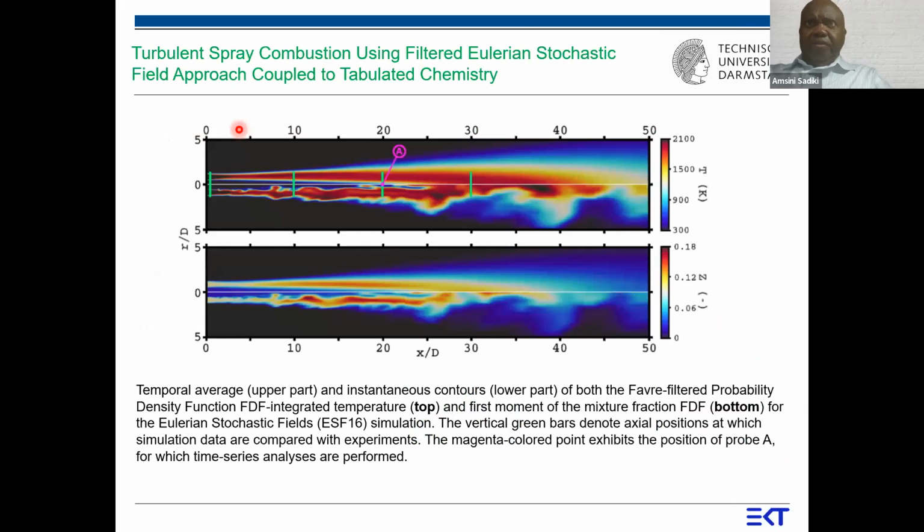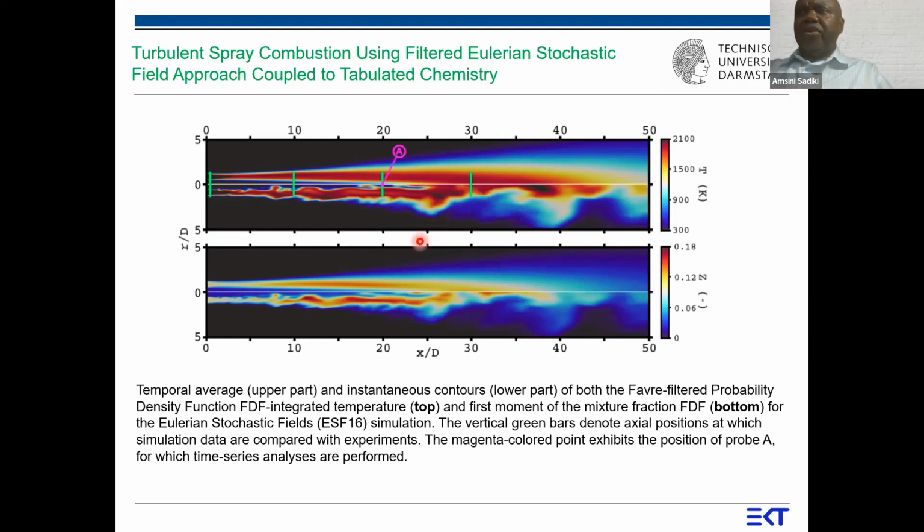So here we see the temperature, and here we have the mixture fraction. And at this position, we can show the result we have obtained. We see here that the calculation allowed us to get more details in the physics.